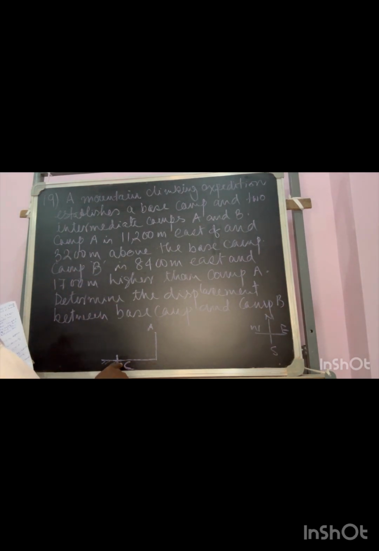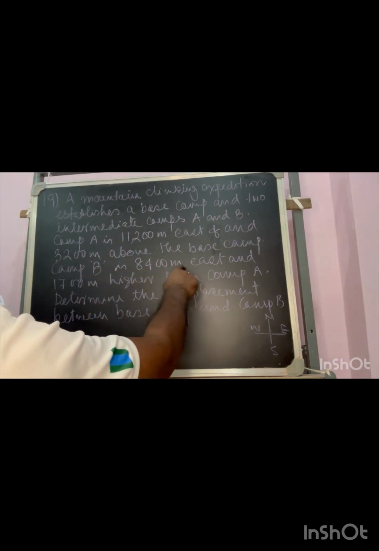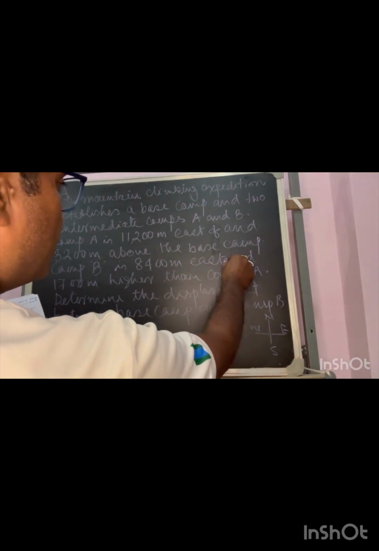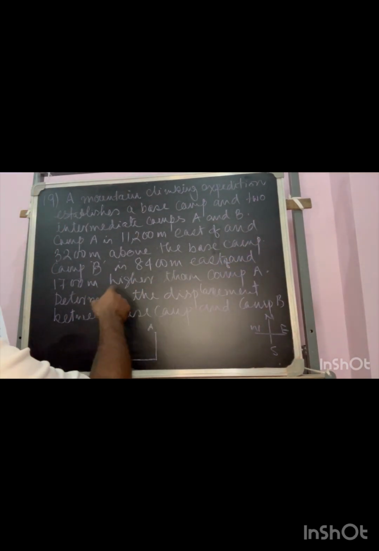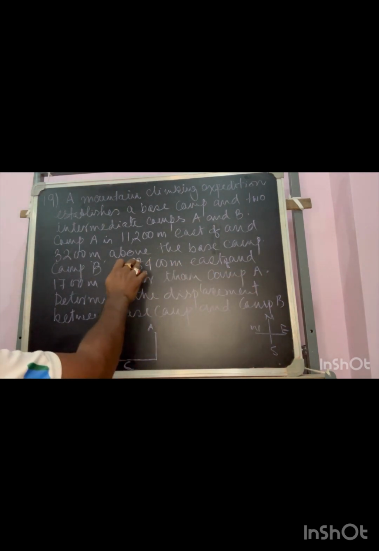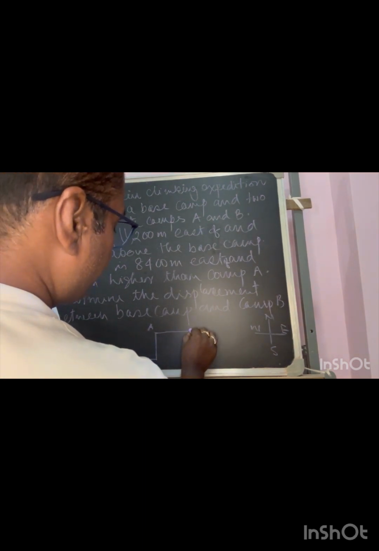In the case of B, it is 8,400 meter east of A and this many meters higher than camp A. So B is taken in reference to A, which is 8,400 meter further east.